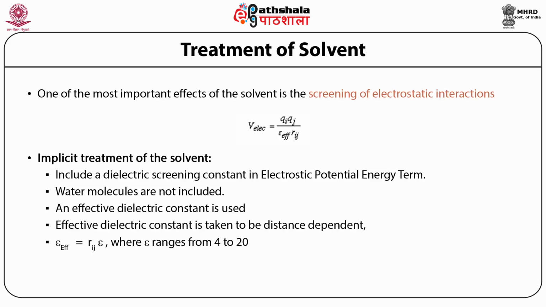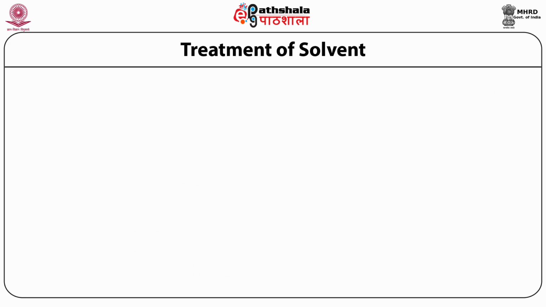AMBER uses this kind of very simple interaction, which effectively gives you almost the same results as the implicit treatment if you use the explicit one as well. Now, one important thing to mention here is that these models are based on continuum electrostatic theory. Now I will talk about how the treatment of solvent comes.